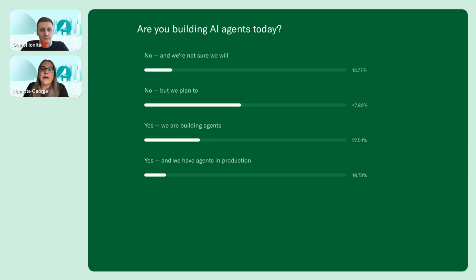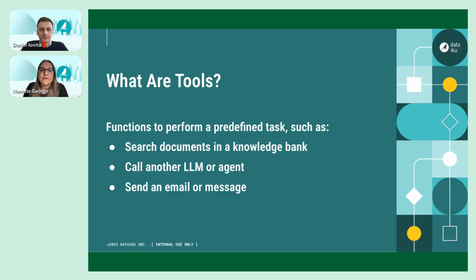All right, I'm going to go back to the slides and bring you to this one. I want to talk a little bit about what tools are. In Dataiku, tools are functions that are invoked during a conversation or when you're using code to perform a predefined task.